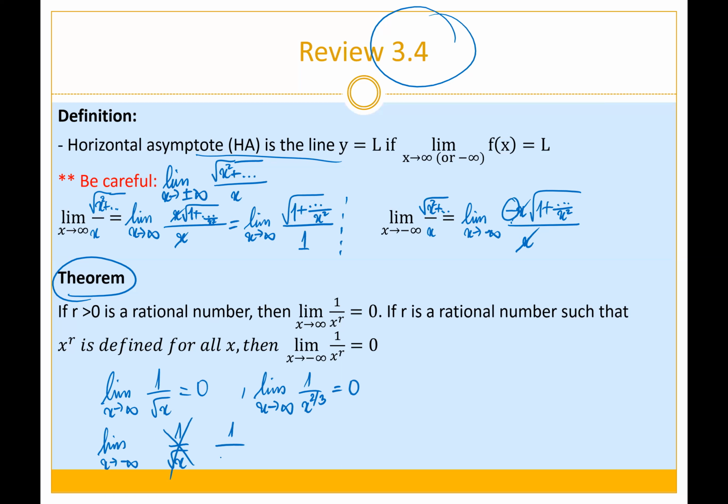But something like the cubic root of x is going to work, and it equals 0. Similarly, the limit as x approaches negative infinity of 1 over the fifth root of x, squared, is also 0, because x doesn't have to be positive to take the fifth root, and when you square that number it's just a negative number squared. So it's 1 over something very positive and very big, and it equals 0.